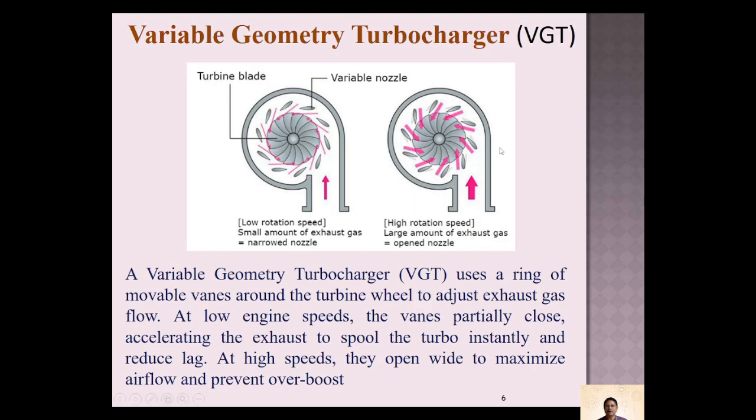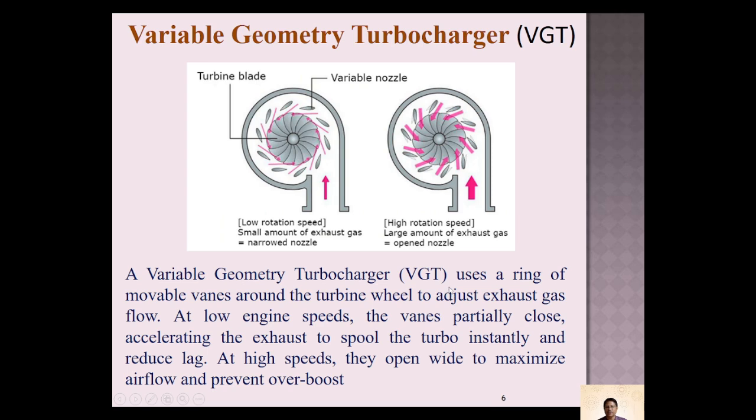Variable geometry turbocharger, that is VGT. It has a turbine function, and its geometry can be varied according to the speed of the air, so that it can effectively utilize the exhaust air to produce power. That power is used to run the compressor attached to the turbine. A ring of movable vanes around the turbine wheel adjusts the exhaust gas flow.